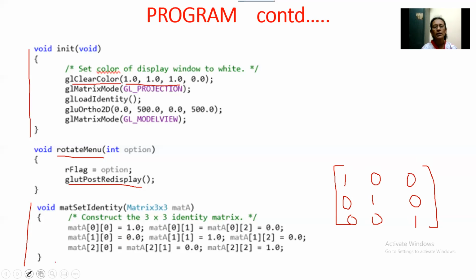So that is what is done here. Mat A is this matrix, so mat[0][0] is 1, corresponding to this. The remaining row elements are 0, so mat[0][1] equal to mat[0][2] equal to 0.0. Now mat[1][0] is 0, mat[1][1] is 1, and mat[1][2] is 0. In the same way, mat[2][0] and mat[2][1] are both zeros, and mat[2][2] is 1. So this basically sets the identity matrix.